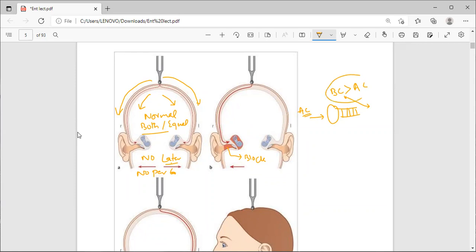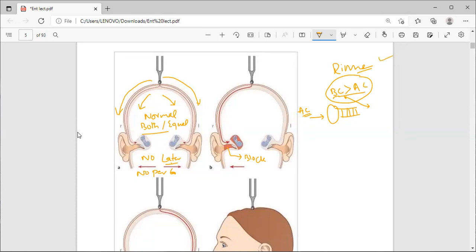So what will happen on the Rinne test? You will have a negative Rinne test on the right ear. Negative means bone conduction is more than air conduction. And there will be a positive Rinne test on the left side, because the left side doesn't have any conductive deafness.